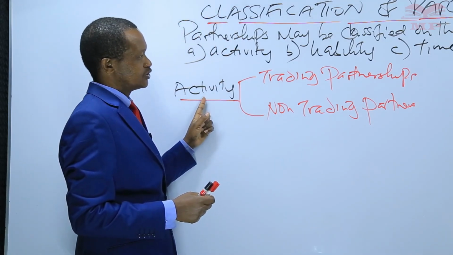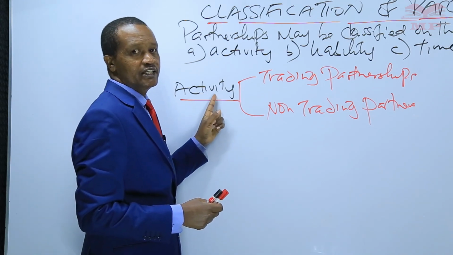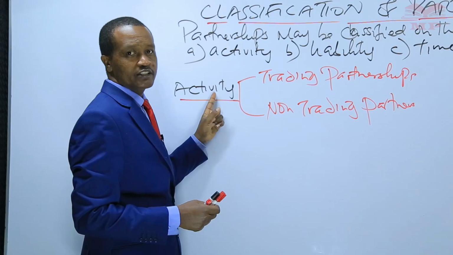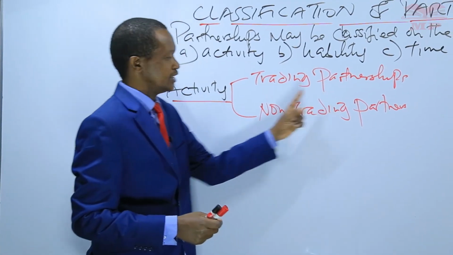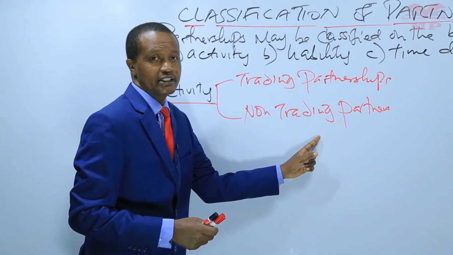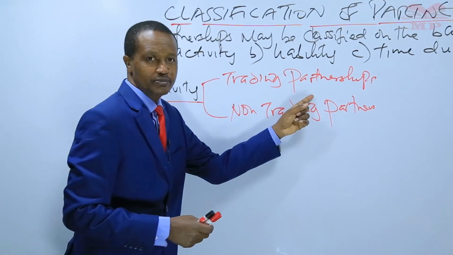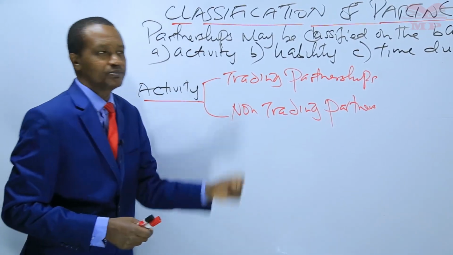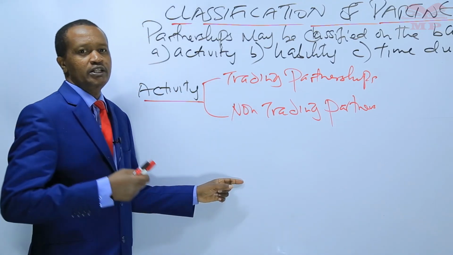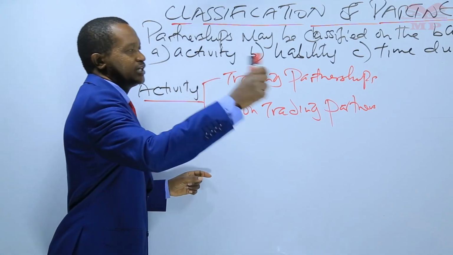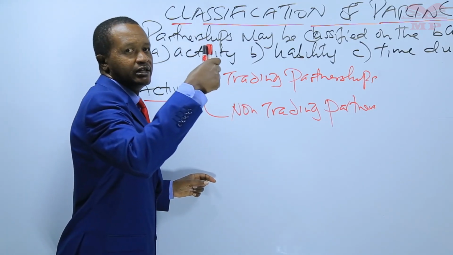So the first classification we've said is on the basis of activity, and this mode of classification is put into two categories: trading partnerships and non-trading partnerships. Trading partnerships, as I've explained, are partnerships whose main objective is to buy and sell goods, or to process or manufacture and sell the goods.